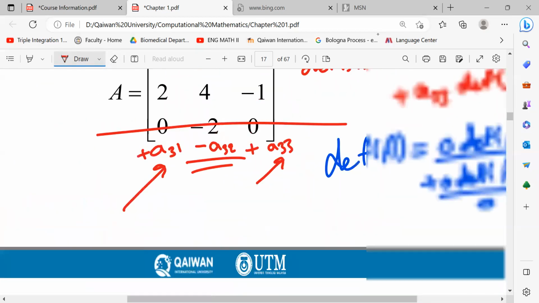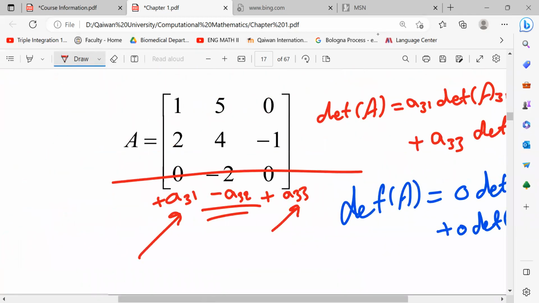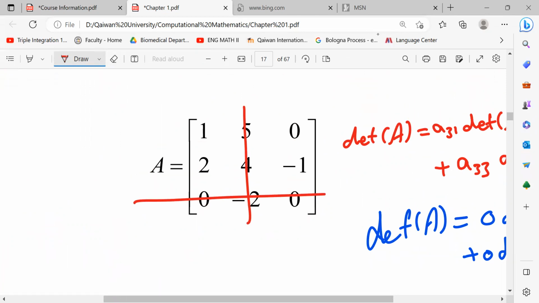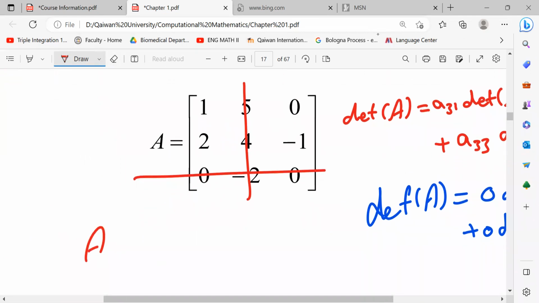Now, what's A32? A32 is this: 1, 2, 0, negative 1. What's the determinant of this 2 by 2 matrix? As you see, we could reduce the 3 by 3 matrix to a 2 by 2 matrix.